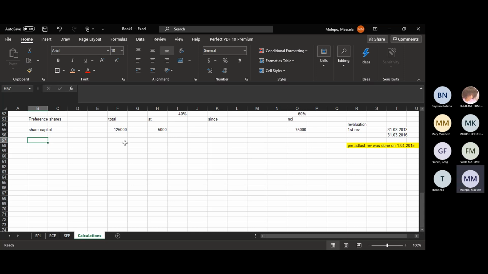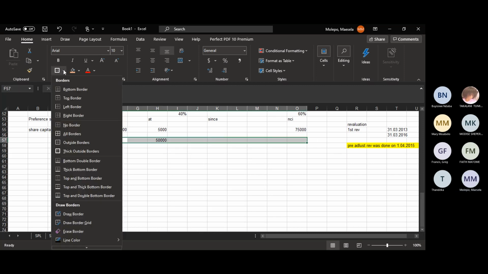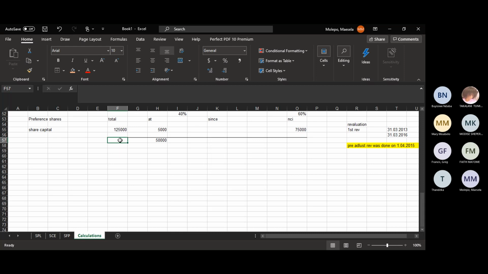The total will be sitting as 50, then here's 75. Then we have the consideration paid.